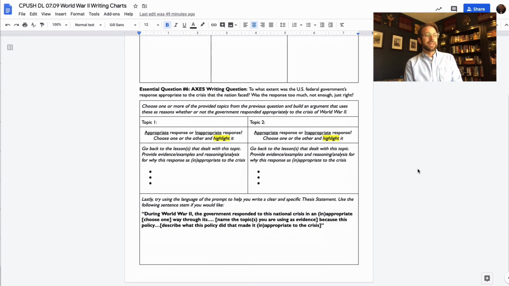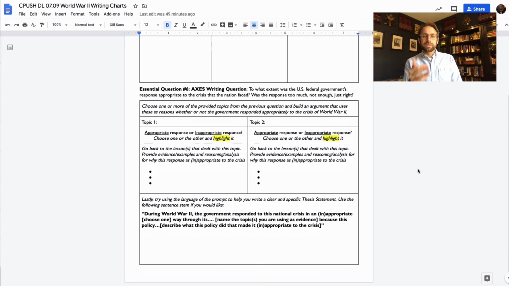What this says is it uses the language of the prompt to reword it, and you insert your topics and your reasoning. It says, during World War II, the government responded to this national crisis in an inappropriate or an appropriate way. You choose one. Through its, name the topic, so Japanese American internment, use of the atomic bomb, any of those things.